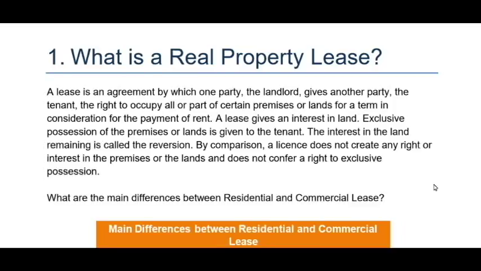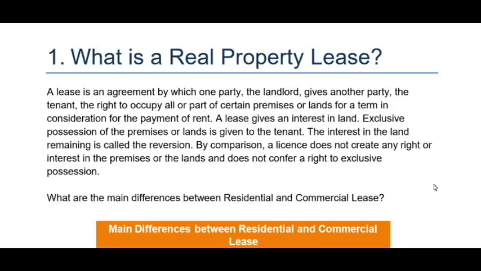1. What is a real property lease? A lease is an agreement by which one party, the landlord, gives another party, the tenant, the right to occupy all or part of certain premises or lands for a term in consideration for the payment of rent. A lease gives an interest in land.